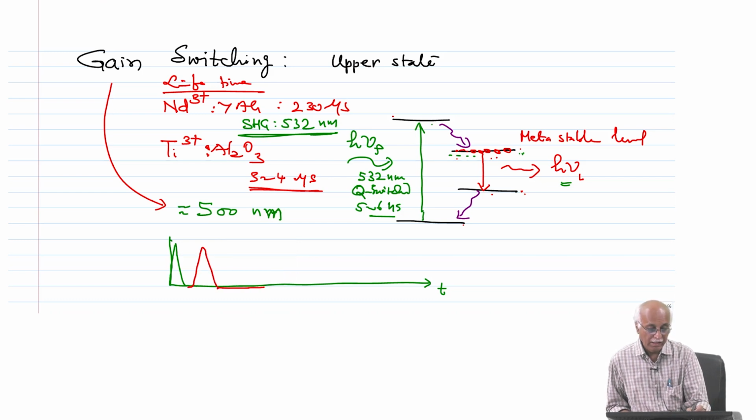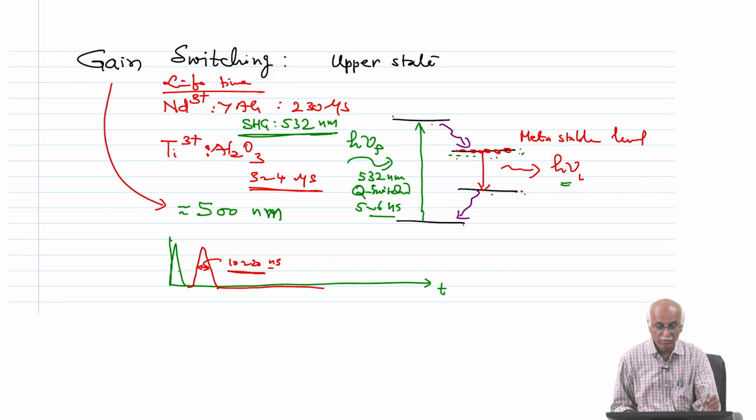And until the second pulse comes from the Nd:YAG laser, there is no titanium sapphire laser output. The pulse width may be of the order of 10 to 20 nanosecond, depending upon the gain etcetera; it gets a little broadened, up to 10 to 20 nanosecond. So, this is known as gain switching.